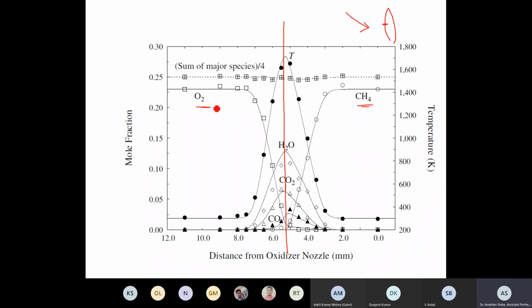Oxygen is getting diminished. Then temperature is peaking at the flame front. Products are peaking at the flame front. So it is the same plot we have seen previously, just to show you how the experimental measurements look. I think they are experimental or computational. I will just check again, but some calculations or measurements, and this is how it looks.